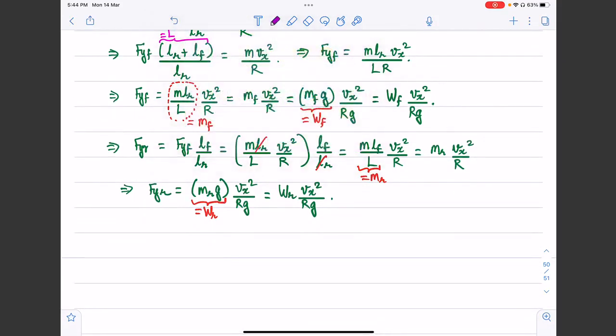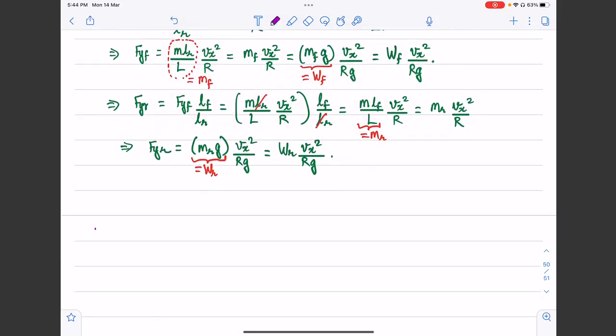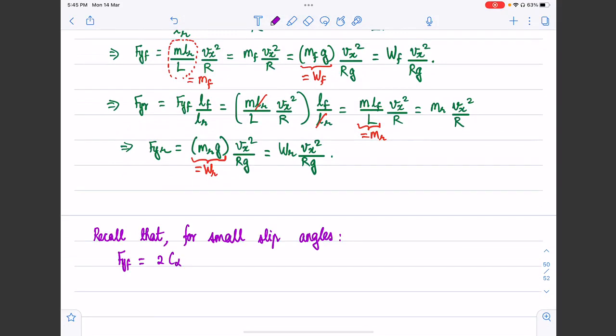Now what? Now we go and apply our small slip angles, right? Recall that for small slip angles, what do we have? We have Fyf equal to 2C alpha f times alpha f, and Fyr equal to 2C alpha r times alpha r. Okay, so we use this to our advantage.